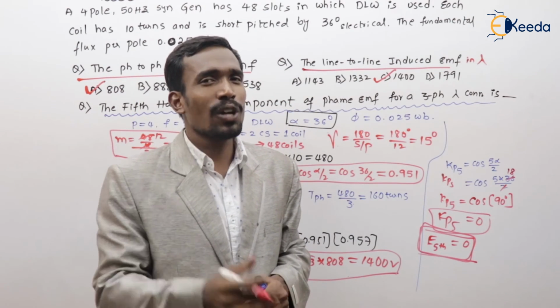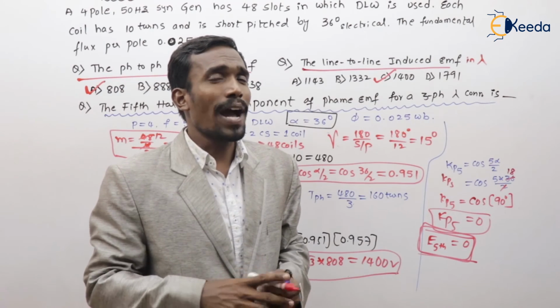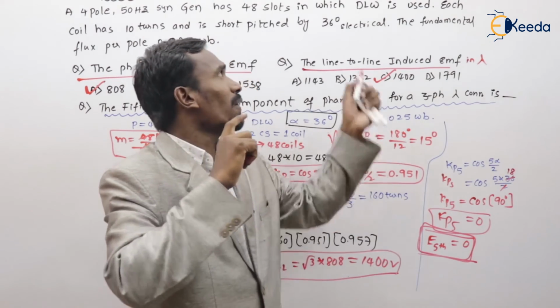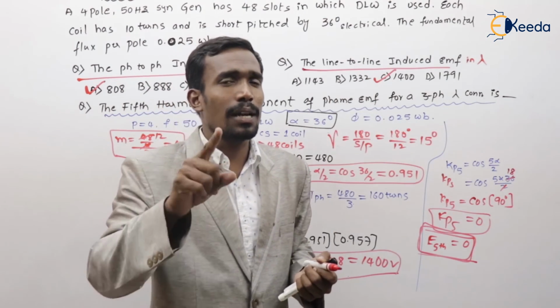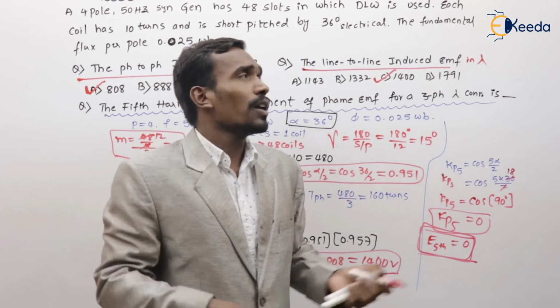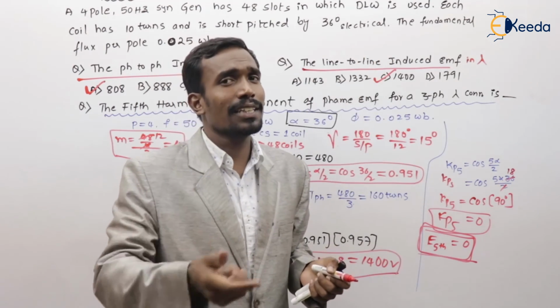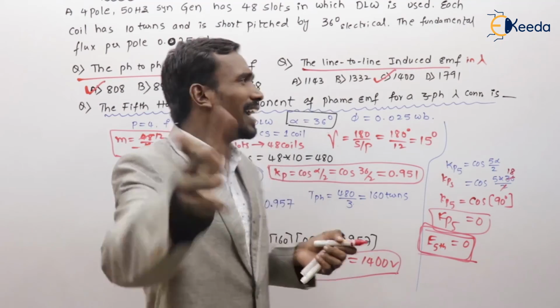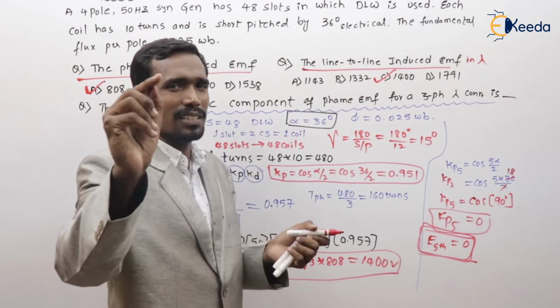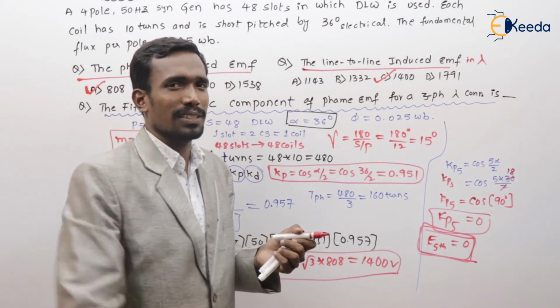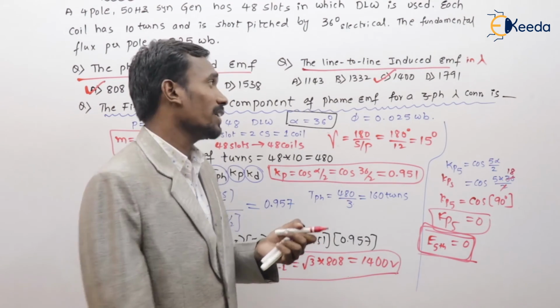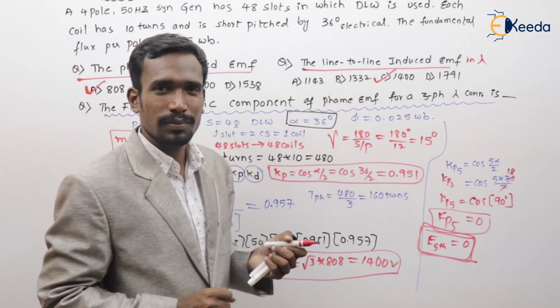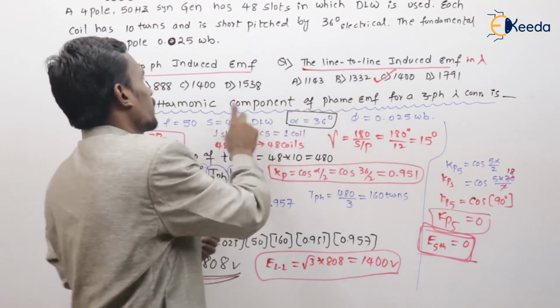So Kp5 is 0. When you have this idea, the third answer takes not even 1 second. Otherwise, you waste your time.